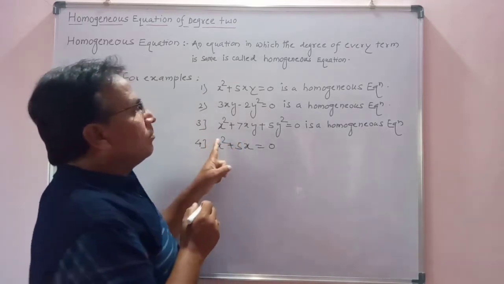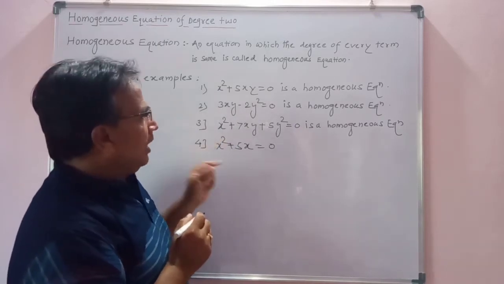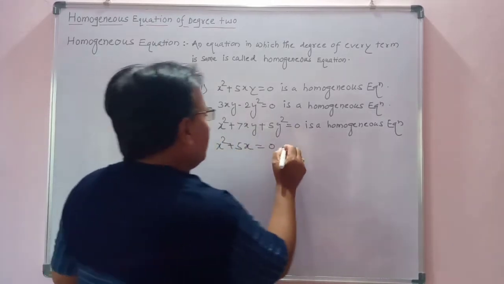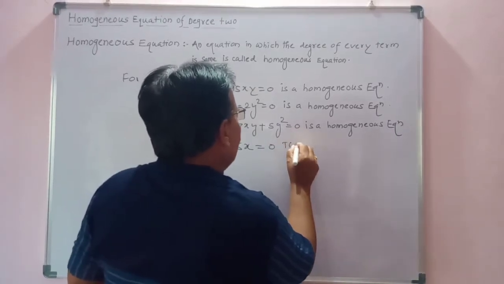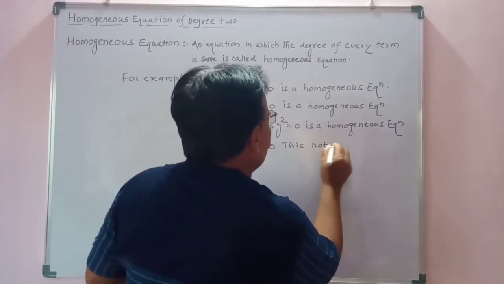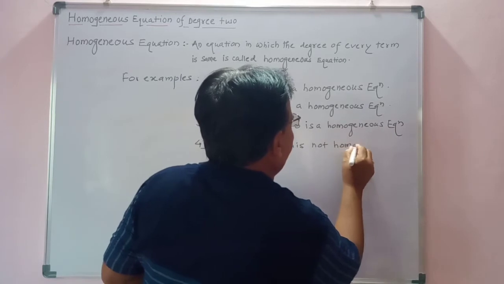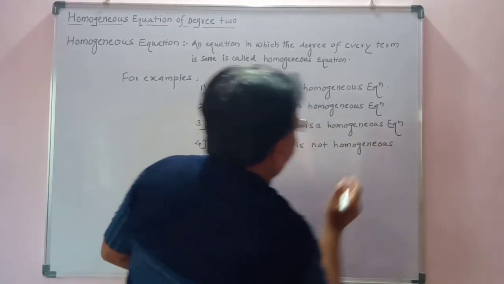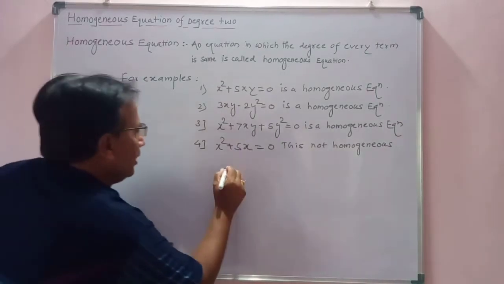This is not the same. The degree of x square is 2 and the degree of x is 1, so this is not a homogeneous equation.